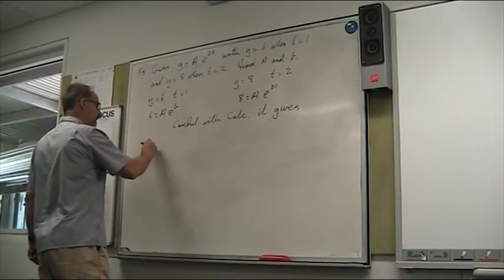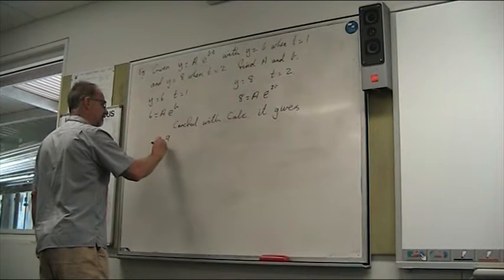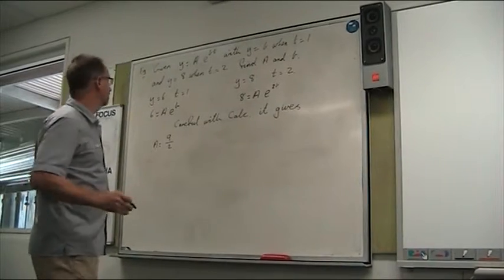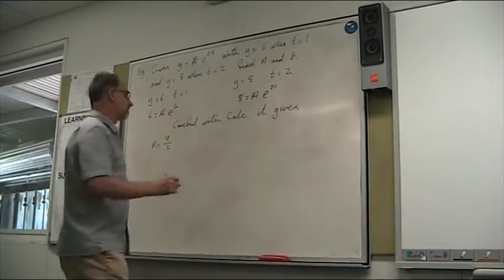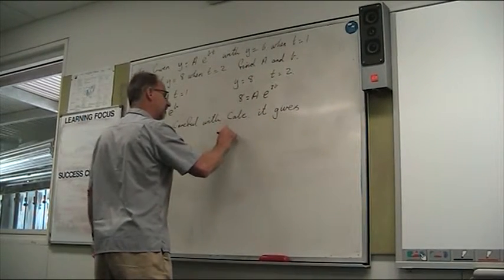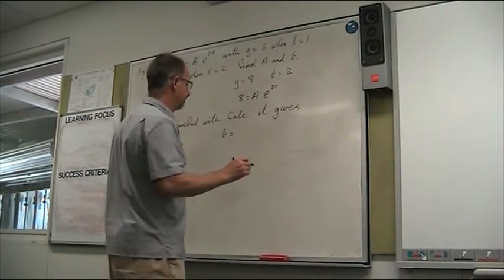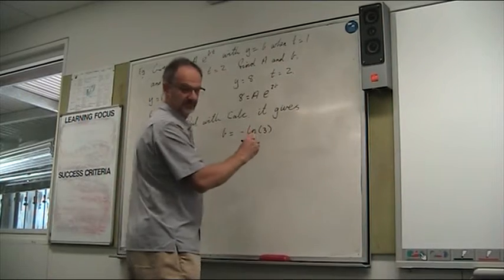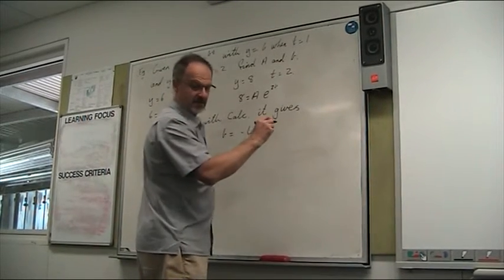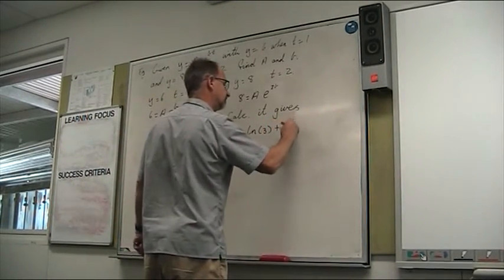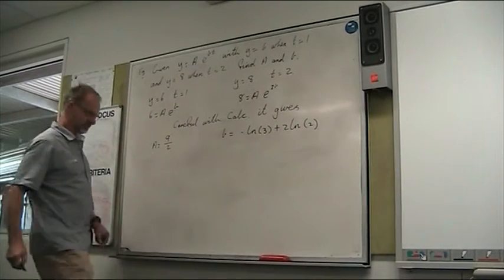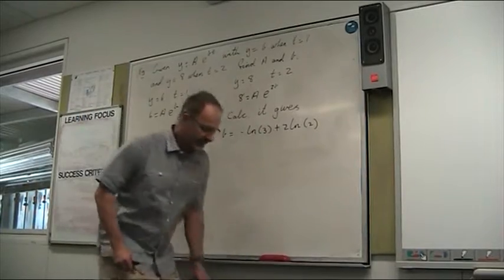So the first bit for A is not too bad, gives you 9/2. So that's all right. It's pretty simple. But B, when it gives you that, it gives you B looking like this. Which is not very simple.